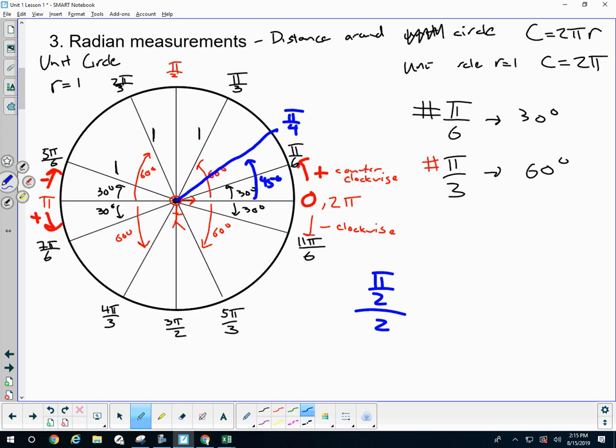And I actually can go around the entire circle just by adding 45 degrees at a time. So I get 45 to 90 to 135.